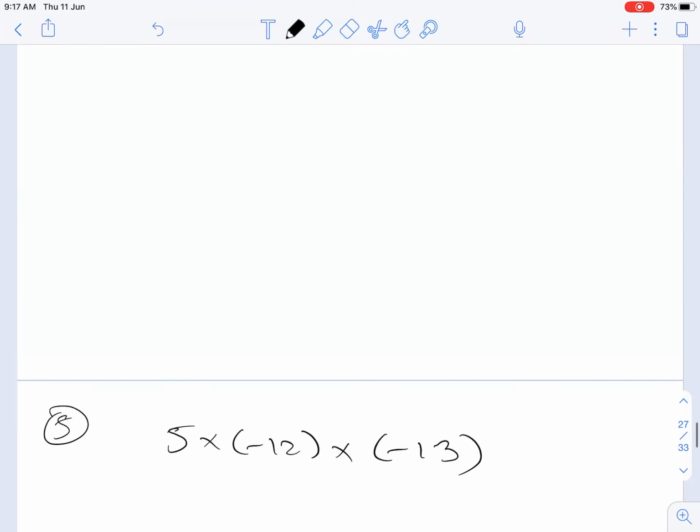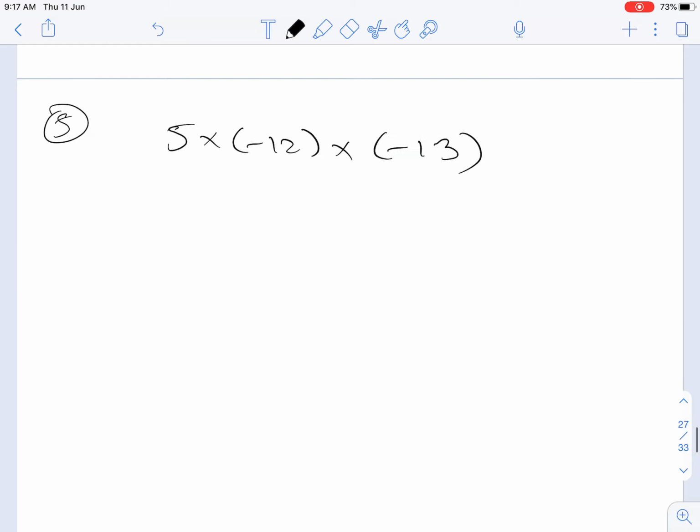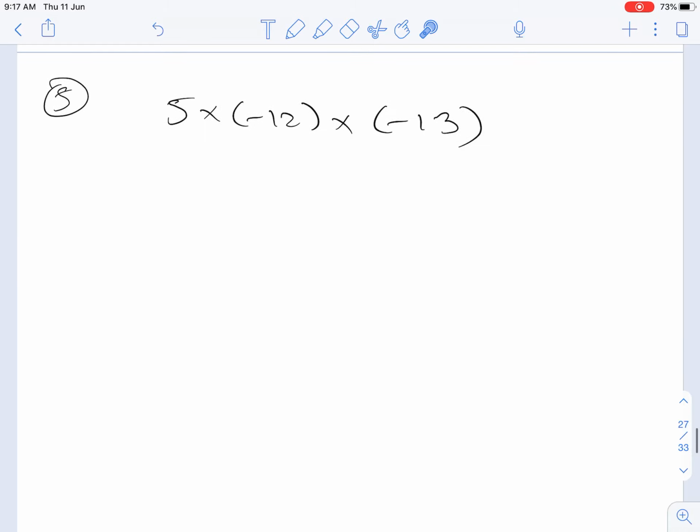Let us move to the next example. Our next example is: multiply 5 into minus 12 into minus 13. You can make this calculation easy as per your own convenience. Here again three numbers are multiplying each other, so we can pair the numbers.